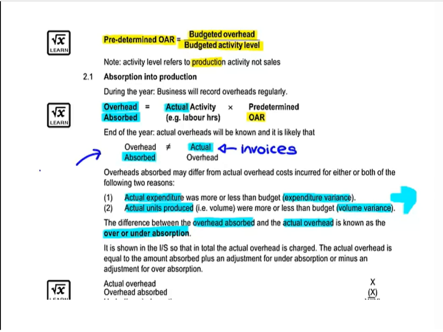The overhead absorbed will be in the accounts, and that is basically, imagine somebody is sat in the corner of the factory, and every time labour works an hour, they're there with a tally chart absorbing the amount of overhead per labour hour.